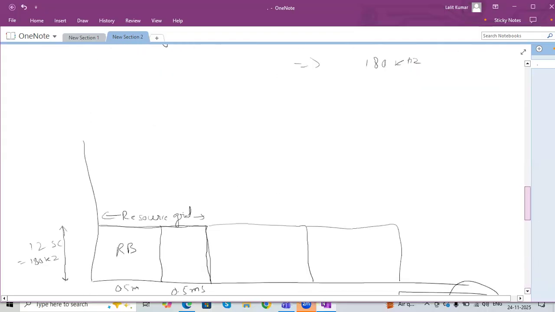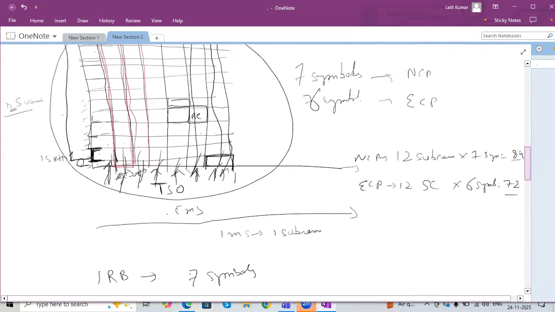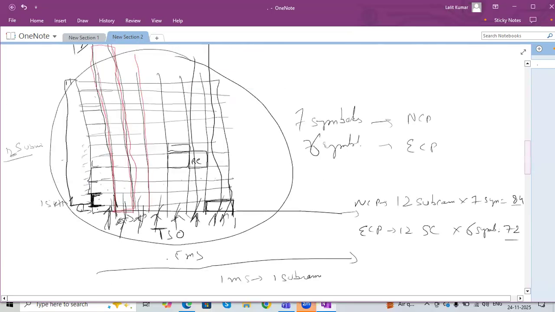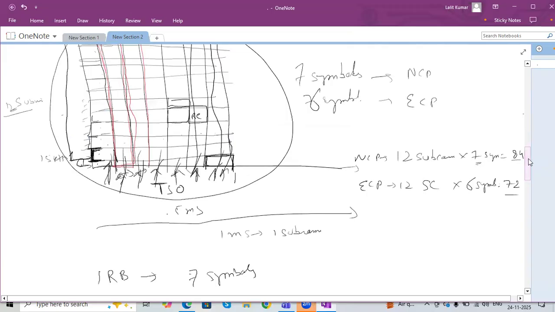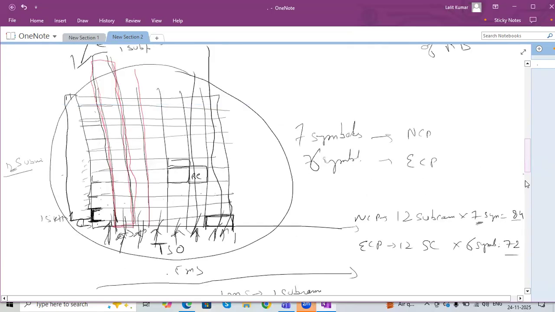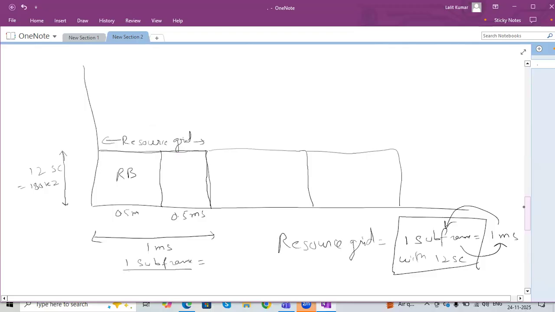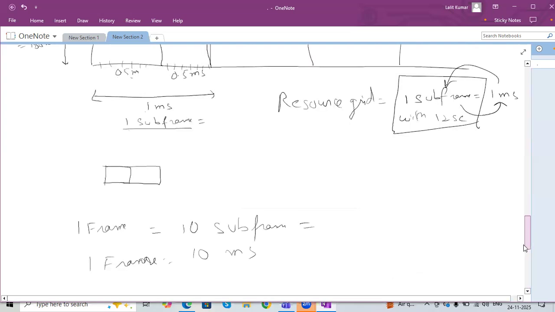Seven symbols are correct, but that was in the resource block up to 0.5 millisecond. I'm asking in 1 millisecond. So seven symbols plus seven symbols, 14 OFDM symbols.